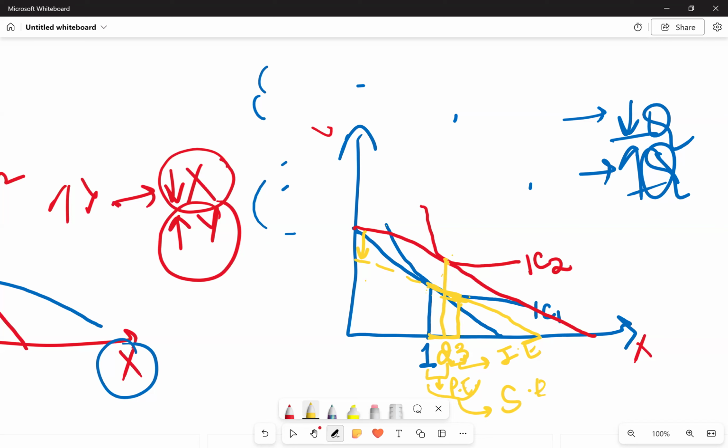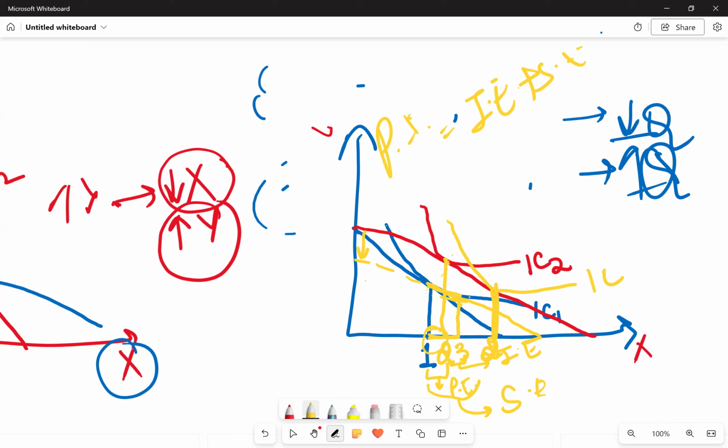Now you can also see that in books, usually the diagram goes like they will mark the indifference curve here, IC3, so that this is the point. Instead of 2, this is the 2. Just to prove that price effect is equal to substitution effect plus income effect. Okay. But you need to understand the idea behind it. So 1 to 2 is the price effect here.